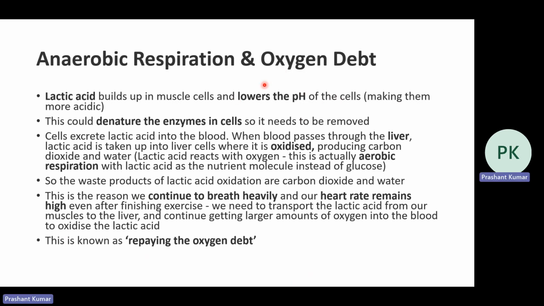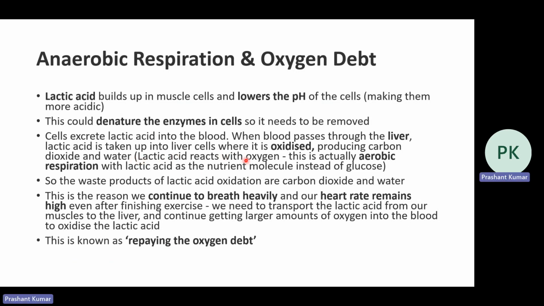When the pH decreases, obviously the enzymes present in the cells will get denatured and they are not going to work. So cells excrete lactic acid into the blood. When the blood passes through the liver, lactic acid is taken up into the liver cells where it gets oxidized.